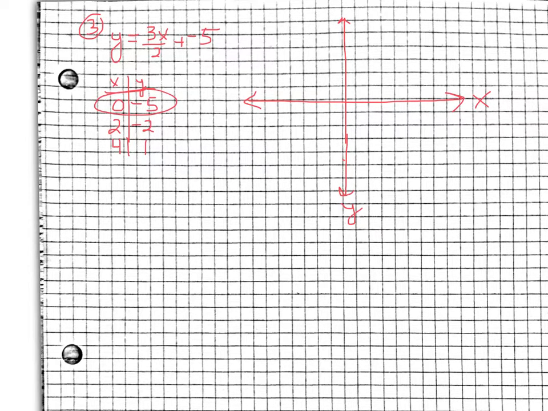You start in the middle, you go over 0, down 5. Put a point. Next, over 2, down 2. And last, over 4, up 1. Again, look at the magic. They always line up. If they don't line up, you goofed, and you need to try again.